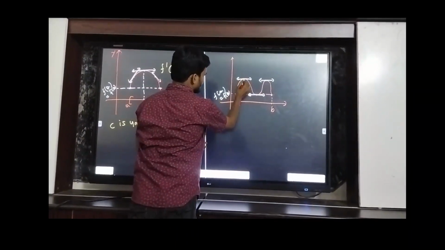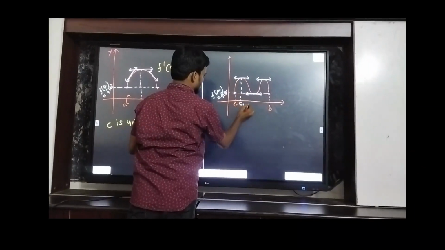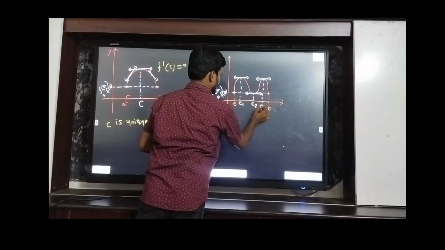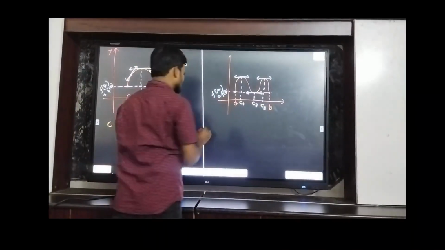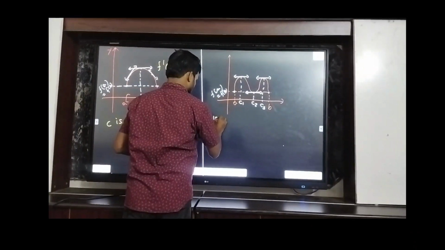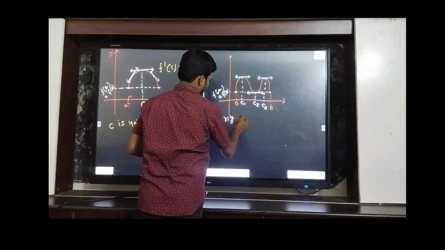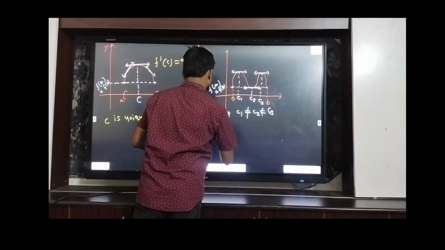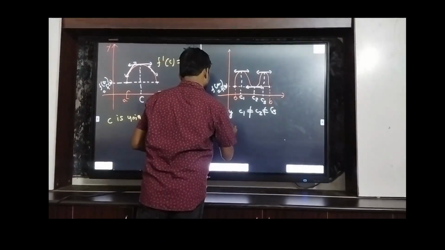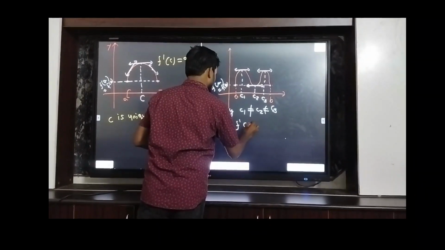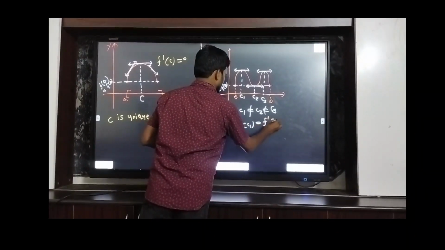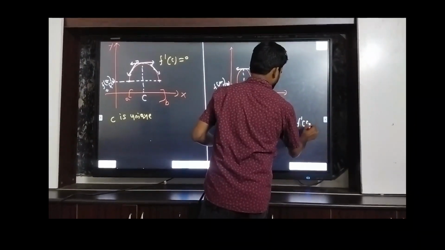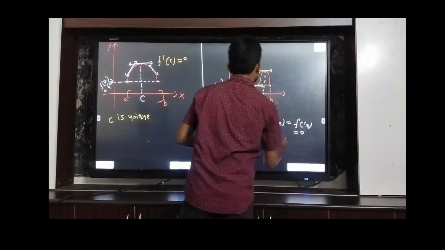The corresponding x coordinates are C1, C2, and this is C3. Clearly, C1 is not equal to C2 is not equal to C3, but f dash C1 is equal to f dash C2 is equal to f dash C3 is equal to 0.